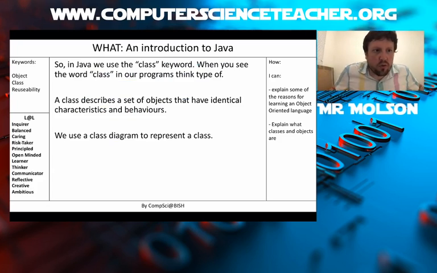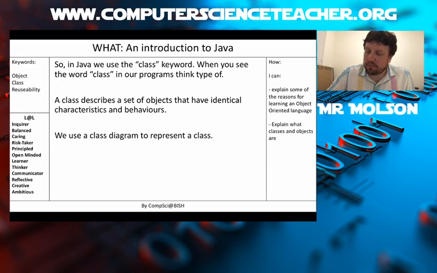If we move on to this idea of type in Java, what we do is use the class keyword. When we use the class keyword, we're expressing a type. We use a class to describe a set of objects that have identical characteristics and behaviors, so any object of that type will have identical characteristics and behaviors.